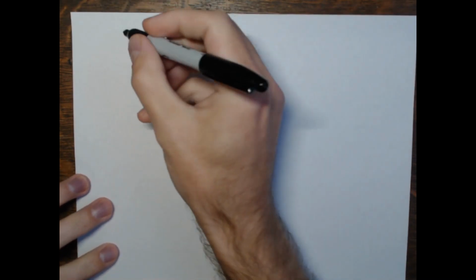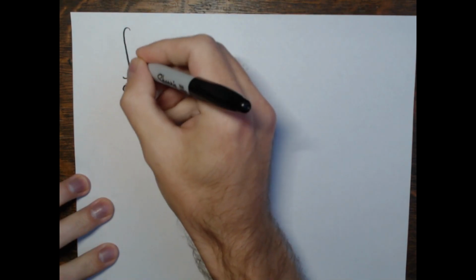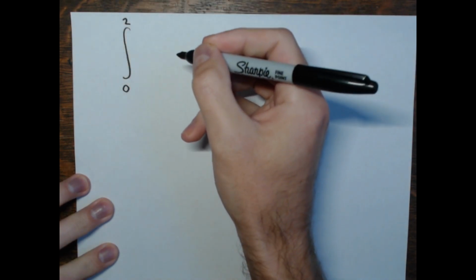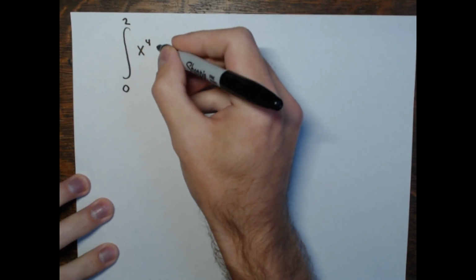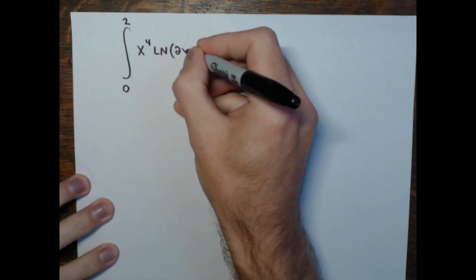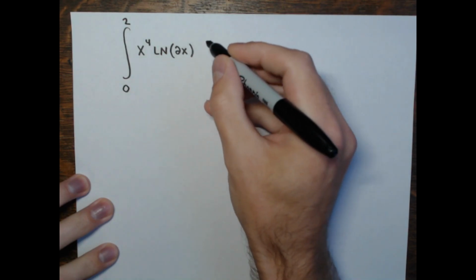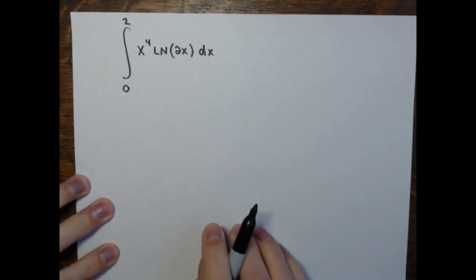So this integral, we have the integral from x equals 0 to 2 of x to the 4th times the natural log of 2x, and then, of course, with respect to x, right, times dx there.